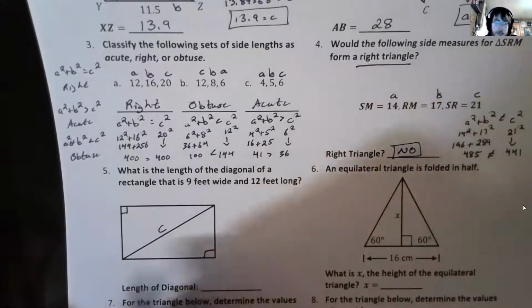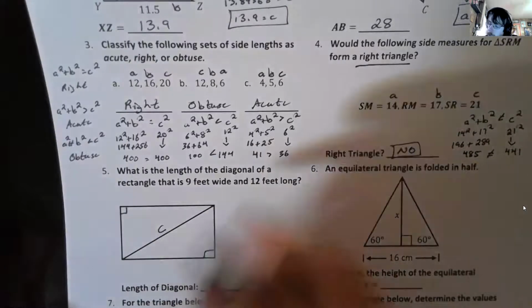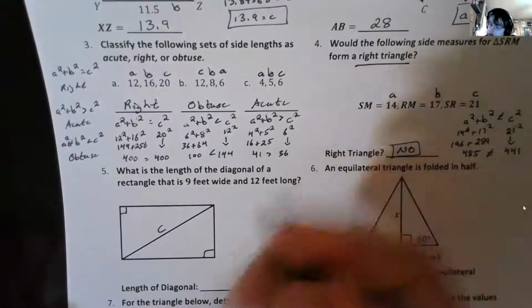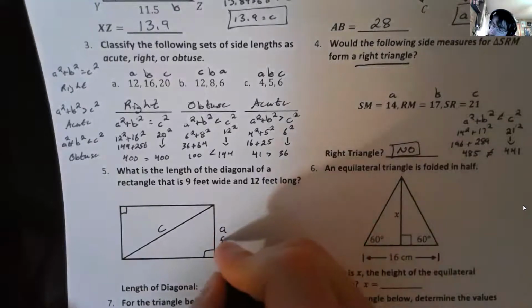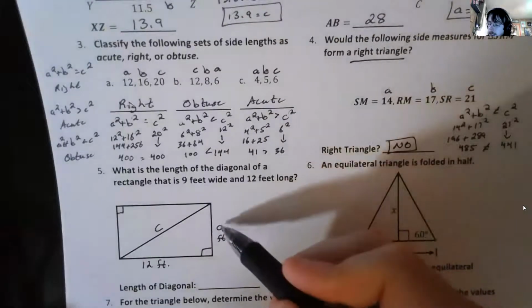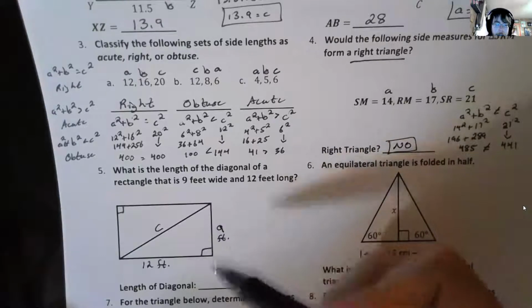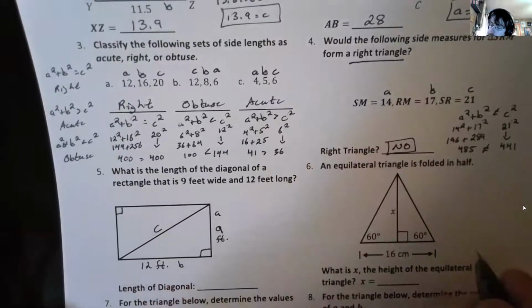Typically I use the long for this way and then the wide for this way, but whichever way, as long as you're labeling the legs and not the hypotenuse with anything. So 9 feet and then 12 feet. And since these are legs, we can label these with A and B. A will be 9 and B will be 12.